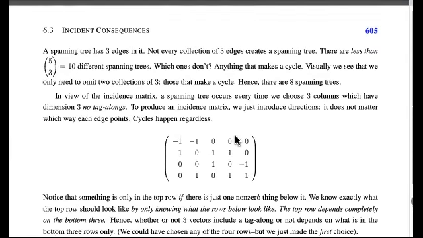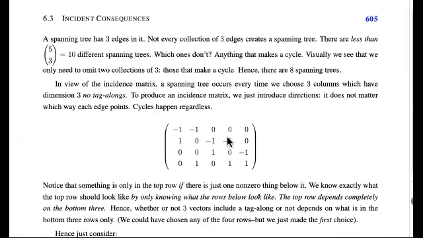So let's look at the incidence matrix. The spanning tree occurs every time we choose 3 columns which have dimension 3, because we wouldn't have a cycle in there. So every time we have a tree with 3 edges, that'll actually be a spanning tree.